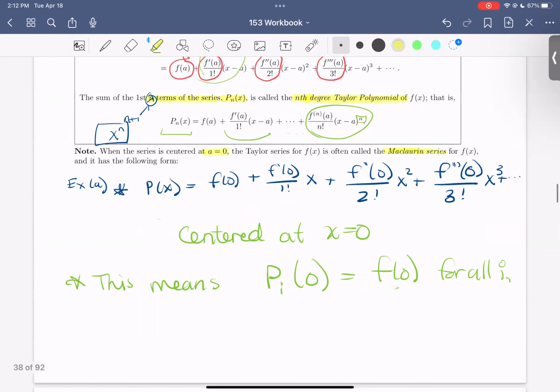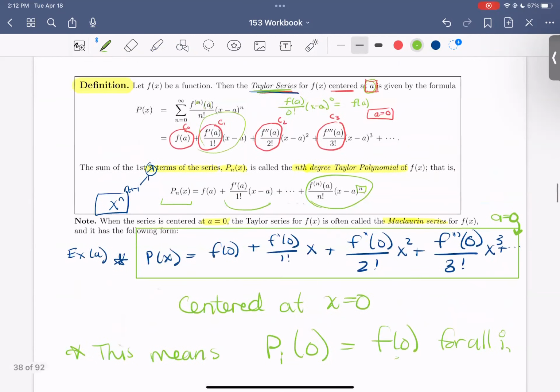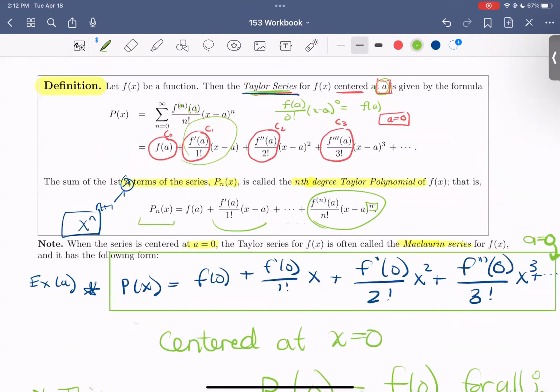And it has the following form that we already wrote out. We just obtained it by plugging in a equals 0. So that's just some more language here, not a new concept outside of a Taylor series definition.